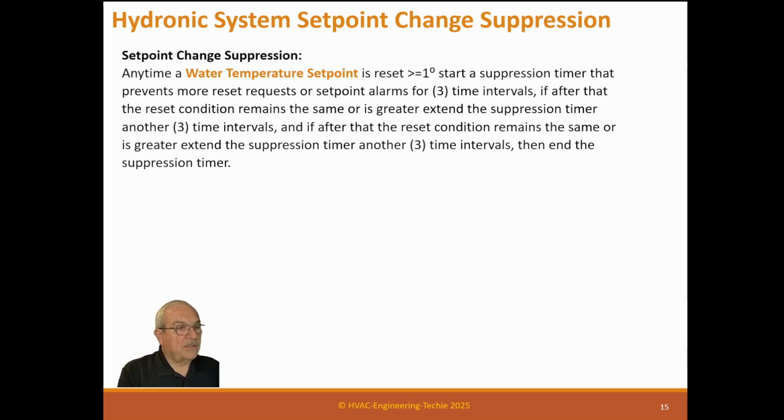So what this is actually doing is, if you have a water temperature set point and you change that temperature set point by 1.5 degrees or 1 degree, and then the interval goes, and at the end of that 3 interval the system didn't actually fix anything, it didn't actually increase.